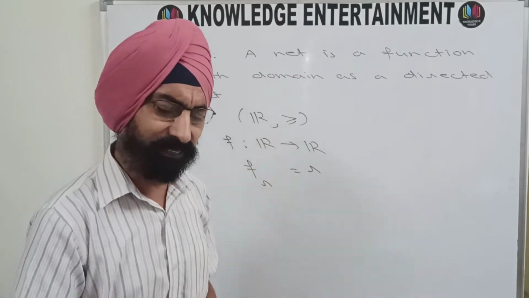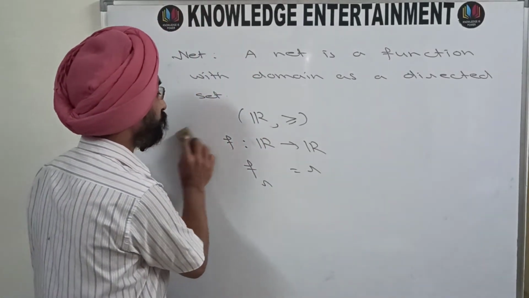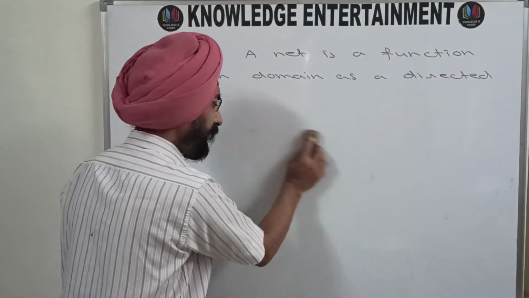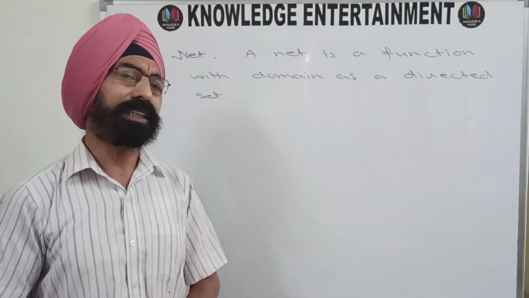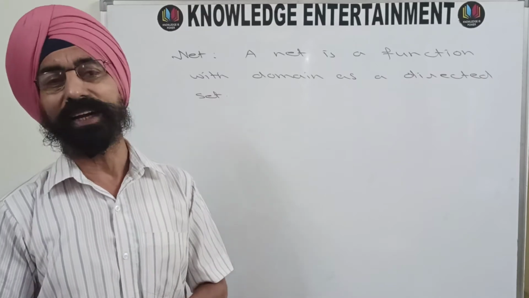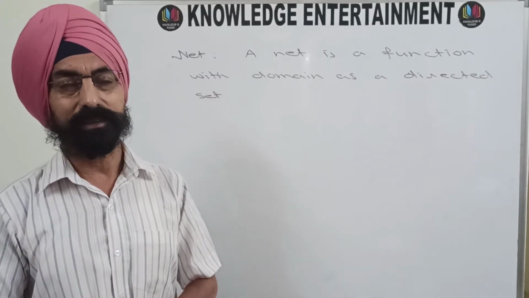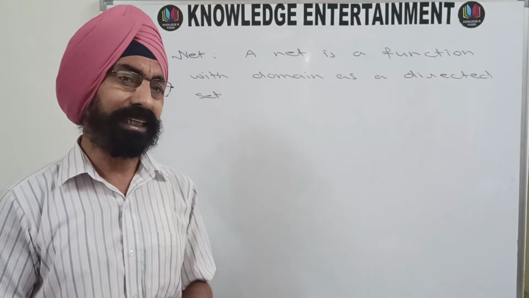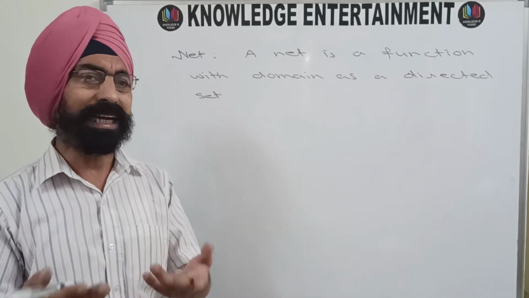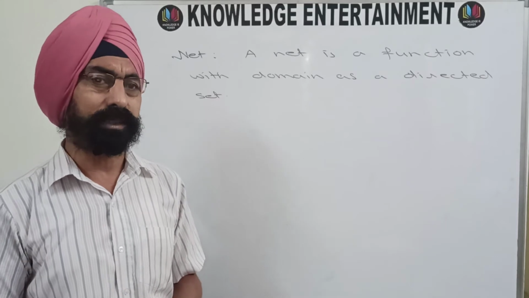Another basic difference between sequences and nets is that a sequence contains infinitely many terms, which is not necessarily the case for nets, because a net may have a finite number of terms also.